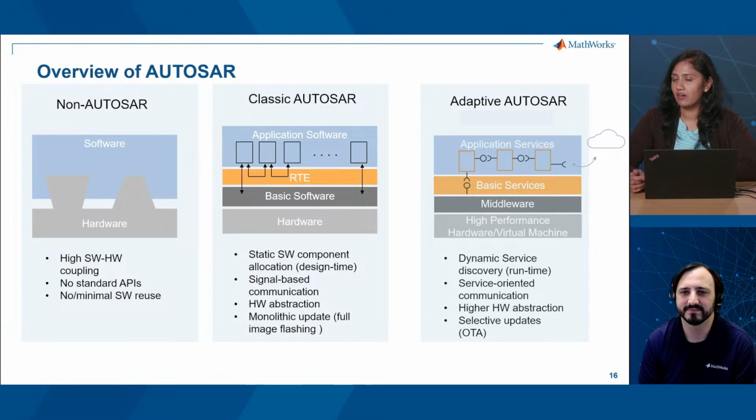That's why the AUTOSAR Adaptive standard has been introduced, where it will allow you to deploy each application service independently, not as a monolithic update. You can do selective updates through over-the-air. And then AUTOSAR Adaptive follows service-oriented applications, which allows the services to be deployed dynamically as well as at runtime.